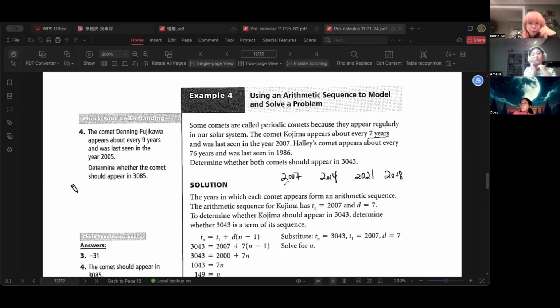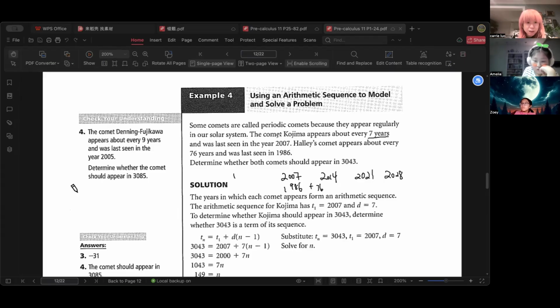Correct? Because when I was 6 years old, it was 1986. I saw newspapers everywhere saying you have to go out and see Halley's, because the next time you see it will be 1986 plus 76, because the difference is constant, it's an arithmetic sequence.